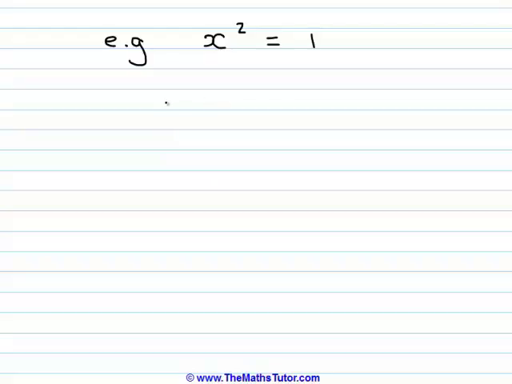Well, we can certainly say that 1 is the solution, because 1 squared is 1. That's true. So we can say that x equals 1. 1 is a solution of this equation.